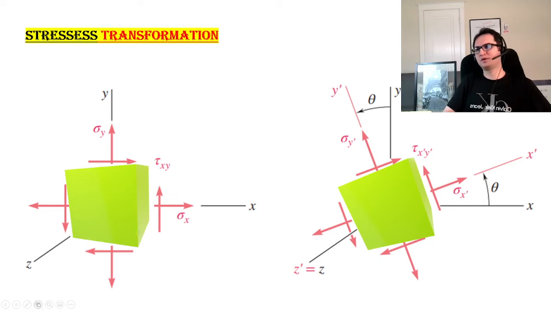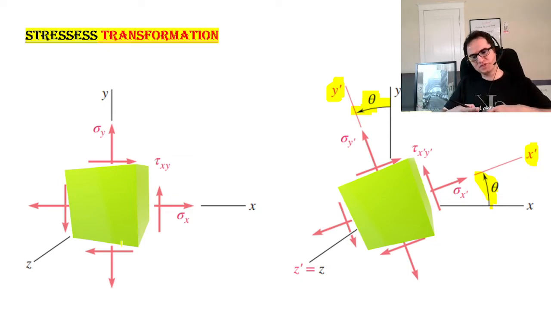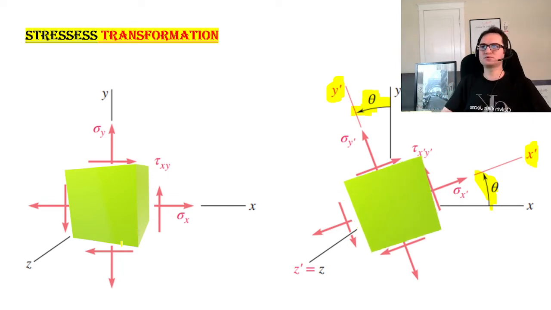Then we want to know what the stresses are on the new axes of x prime y prime after a rotation of angle theta. That's a very frequent problem in engineering. The element suddenly changes, and we want to know the stresses, and strain also, in a different orientation. So let's see how to approach the problem.